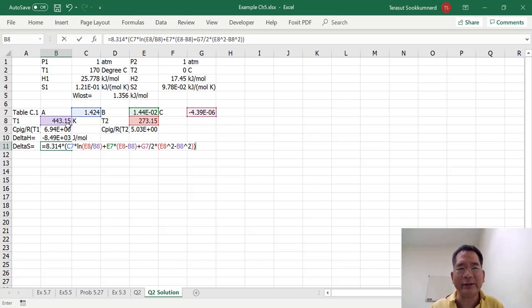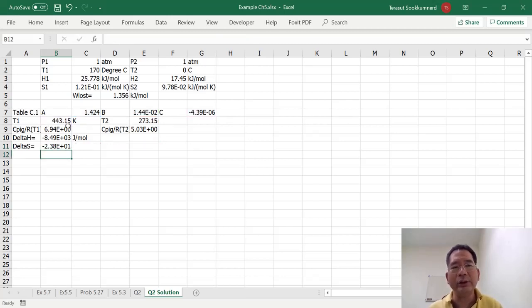And that's it. The unit for delta S is Joule per mole.